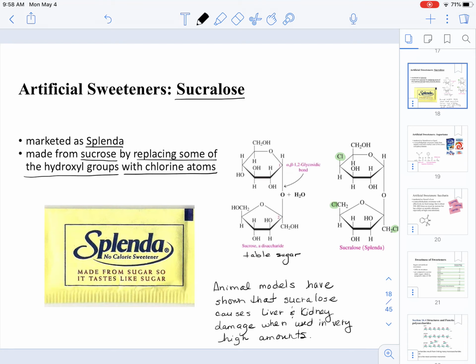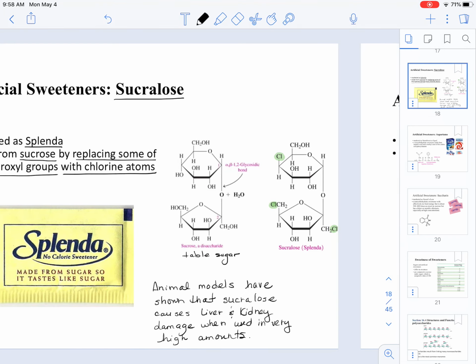When these experiments were done in animal models, understand that these animals are exposed to really high amounts, because it depends on their size and weight and how they determine this exposure. But the most concerning thing is that there are people out there that consume these products in very high amounts, but there's no data out there to tell them of the repercussions of using these artificial sweeteners in high amounts.